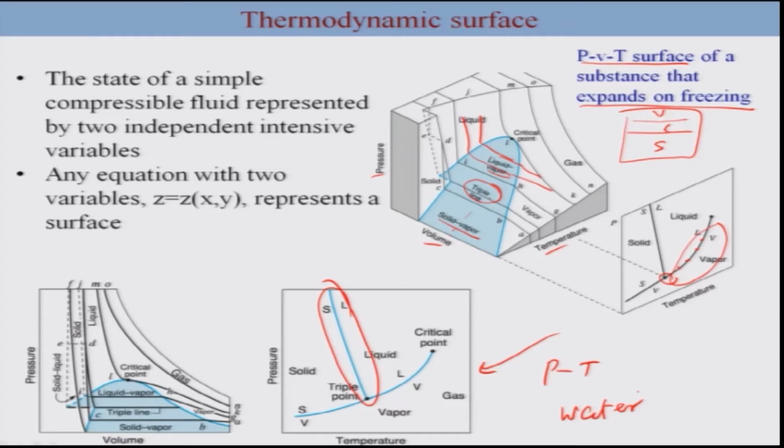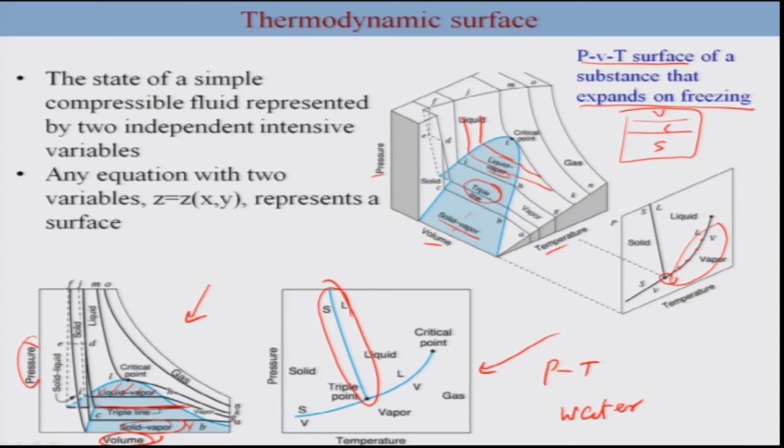And this is another projection, which is a PV diagram, where you do see the liquid-vapor region, as we have already seen for our case in TV and PV diagrams, as well as this solid-vapor region if it is a solid case, and then you have a triple line where the three phases coexist. But this is very complicated, particularly when you look into the PVT surface.